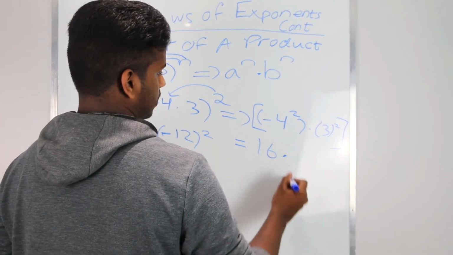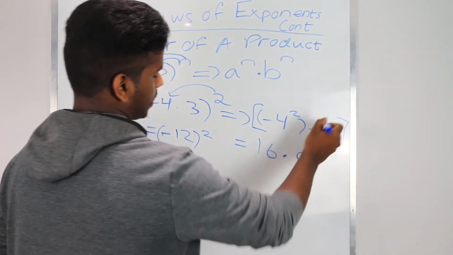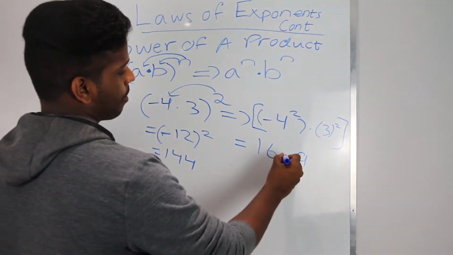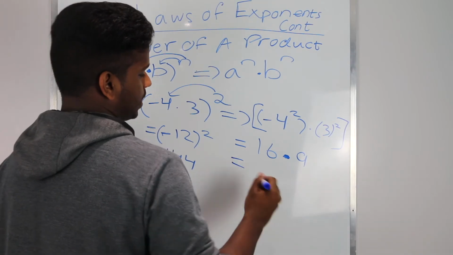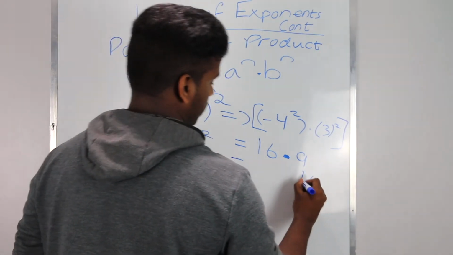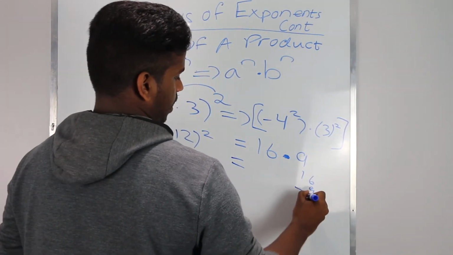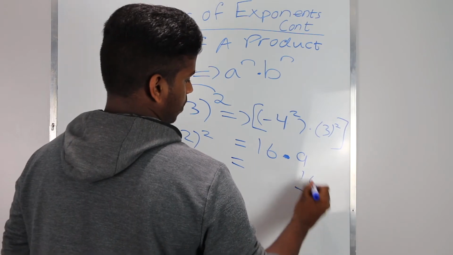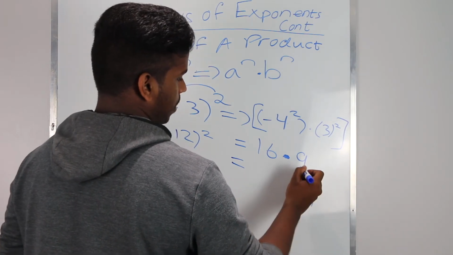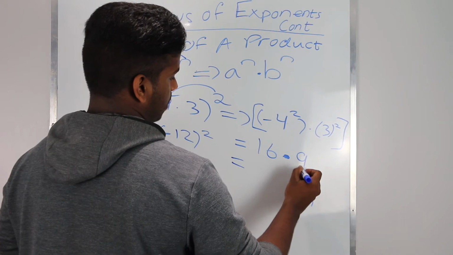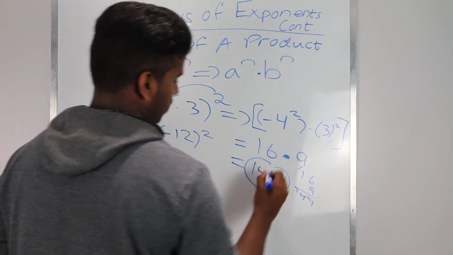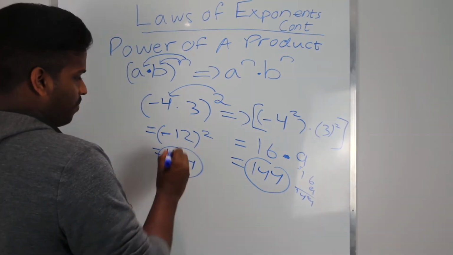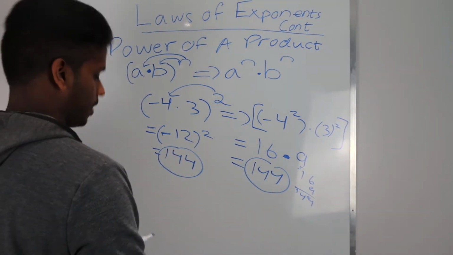And then 16 times 9, because 3 squared gives you 9. Remember, we have to multiply it in, we haven't done the multiplying yet. 16 times 9, if you want me to solve it manually: 9 times 6 is 54, bring the 5 here, 9 times 1 is 9, 9 plus 5 is 14. 144. We get the same result. So that's the law of exponents.